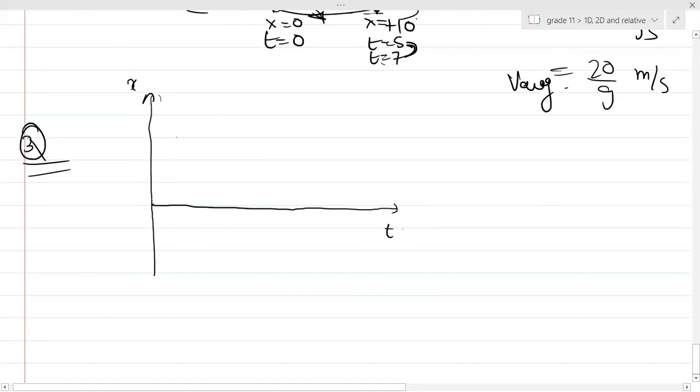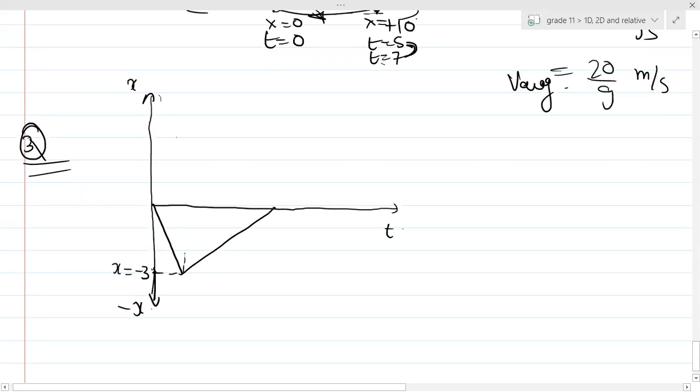The object starts moving in the negative direction. It moves to x equals minus 3 meters. Suddenly it takes a sharp turn and starts moving in the positive direction.